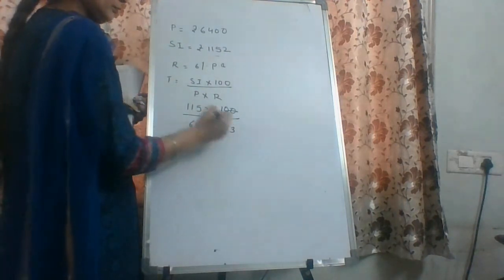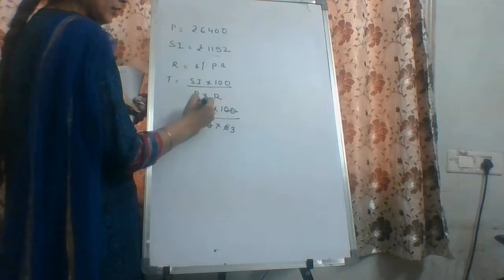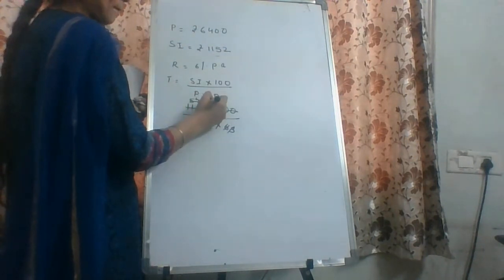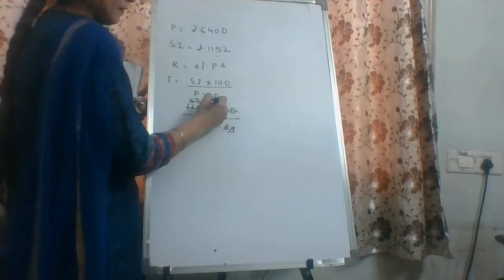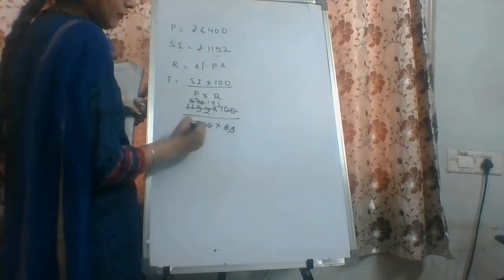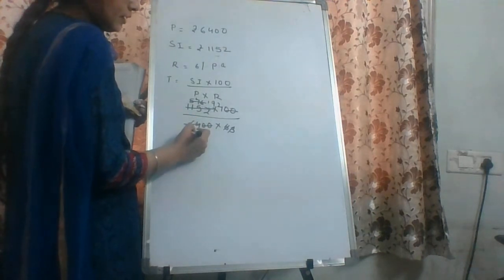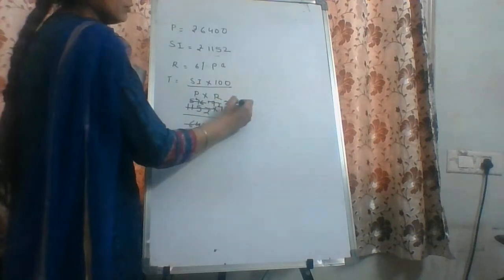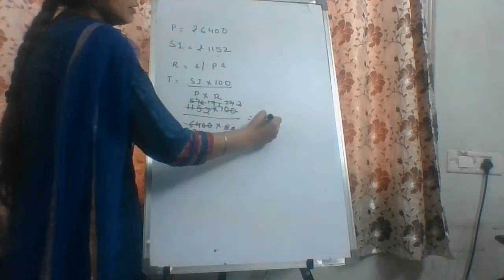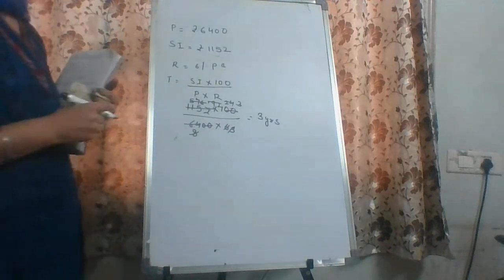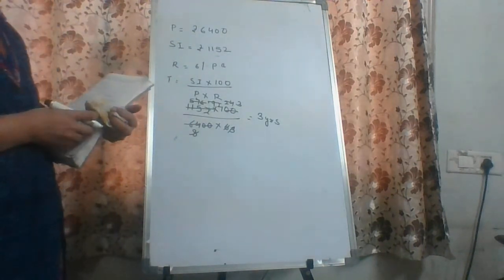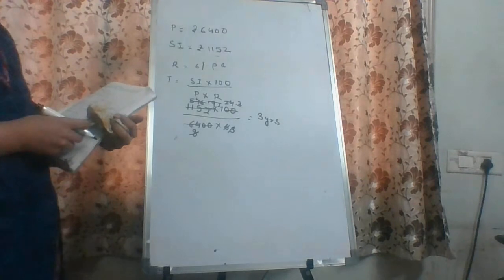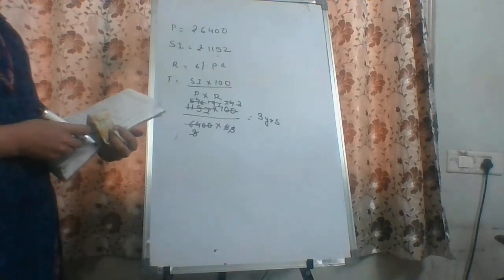Let us calculate. This is equal to 3. My answer is 3 years is the time if the principal is 6,400, simple interest is 1,152 and rate is 6% per annum.